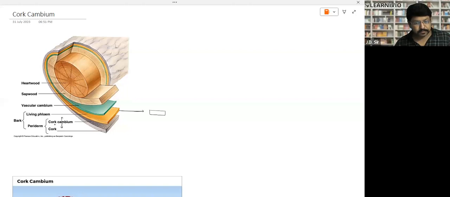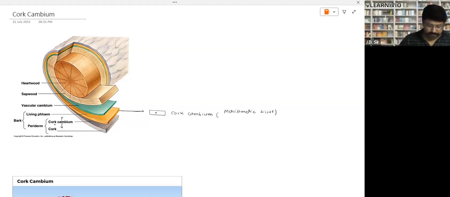This is the cork cambium. That is meristematic tissue, and it will divide.